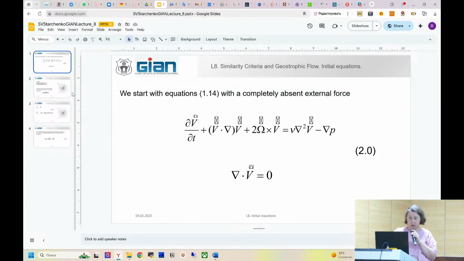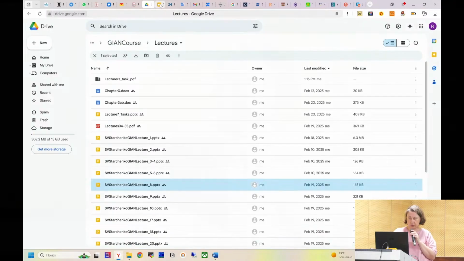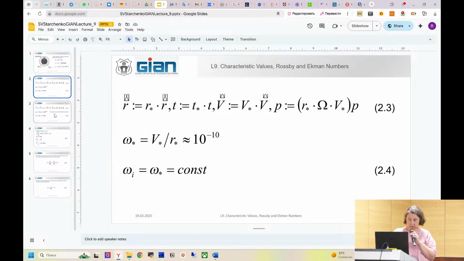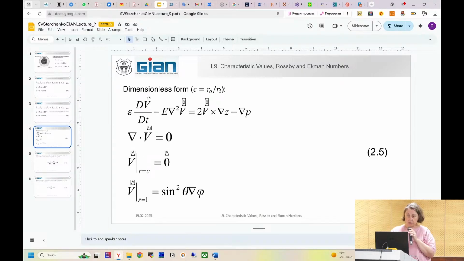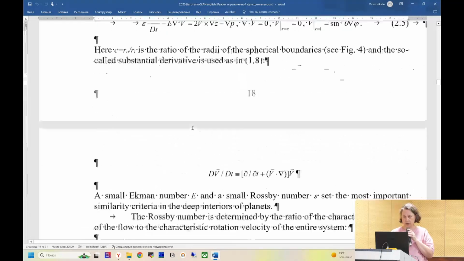So formulas 0 and 1 are in lecture 8, and in the next lecture, lecture 9, we've got the non-dimensional system 5. So this is the scaling, and this is our non-dimensional system 5. So that was task 2. The last lectures are not shared with you yet, but I guess in an hour they will be shared.